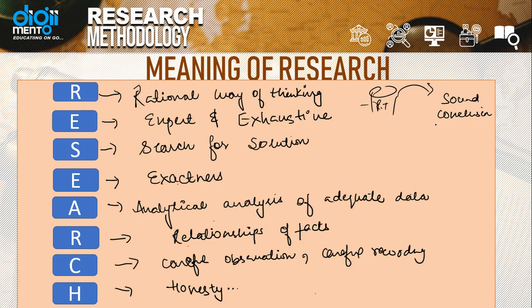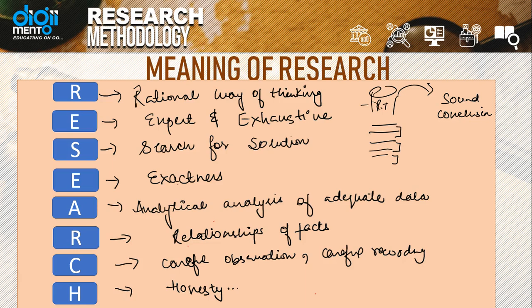R is relationships of facts. You find different facts from your experience, from other people, opinions and all, and in this you find the relationship among them. Okay. Now the next one is C. C is careful observation, critical careful recording, or you can say you have a very constructive aptitude in the whole research.